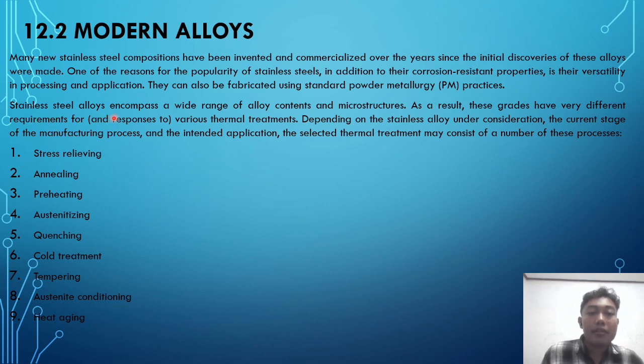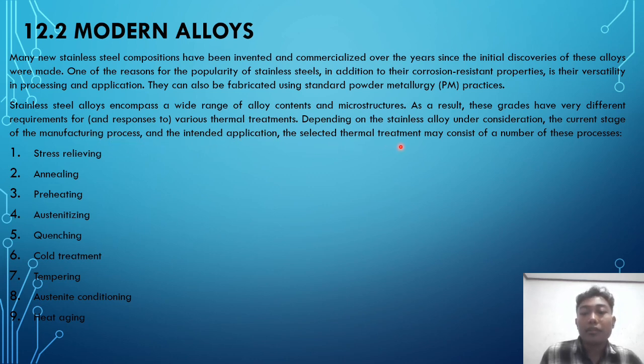The stainless steel alloy family encompasses a wide range of alloy contents and microstructures. As a result, their grades have very different requirements and response to various thermal treatments, depending on the stainless alloy under consideration, the stage of the manufacturing process, and the intended application.